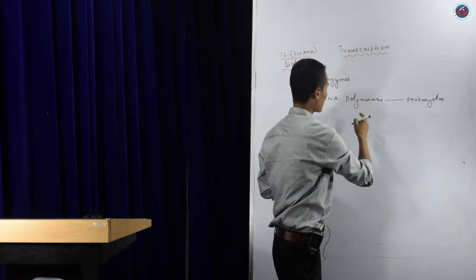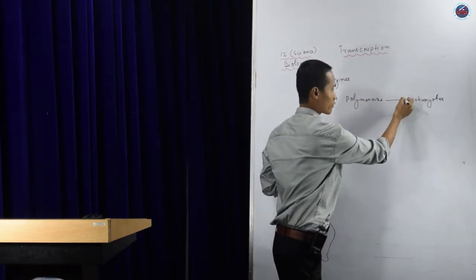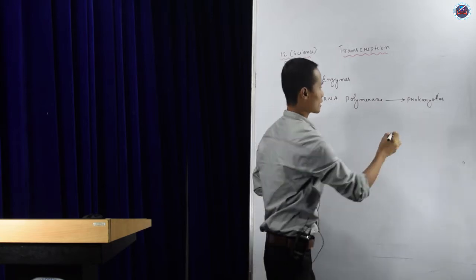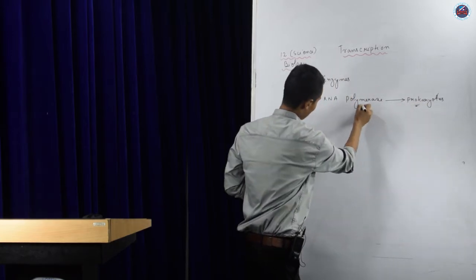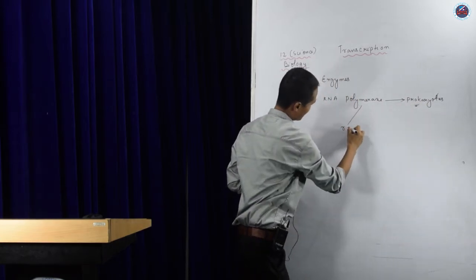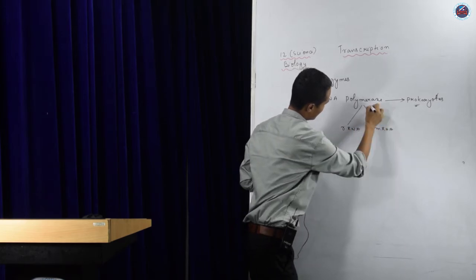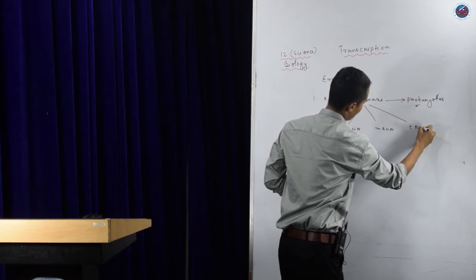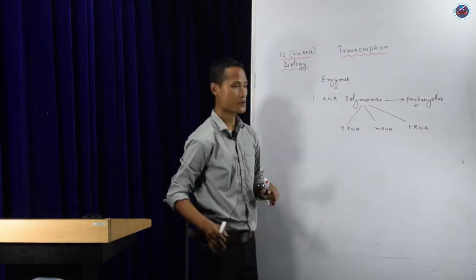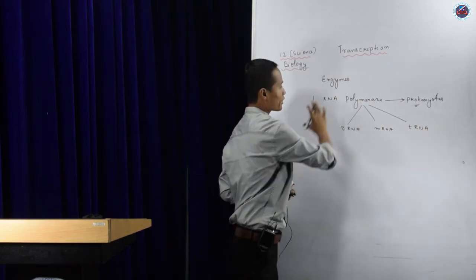For prokaryotes, we have only one type of RNA polymerase, and it will synthesize rRNA, mRNA, and tRNA. All three different types of RNA can be synthesized by this RNA polymerase.